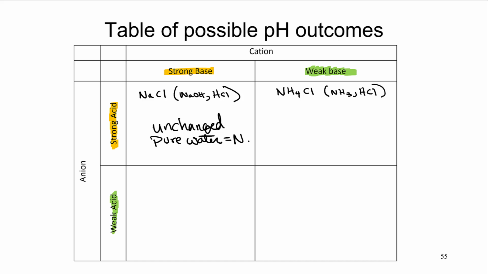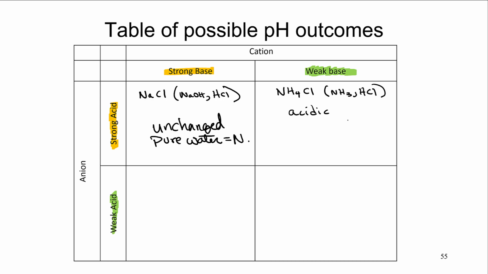Well, the strong acid anion doesn't have an effect on the pH, but the ammonium ion, which comes from the weak base, can, and so the solution will become acidic. If you're adding ammonium chloride, it will produce hydronium more than it will hydroxide, and as a result you end up getting a more acidic solution.